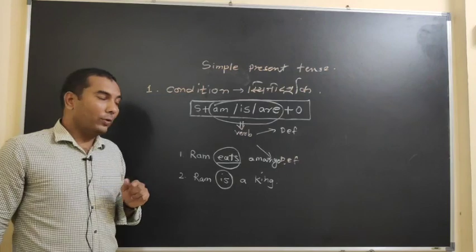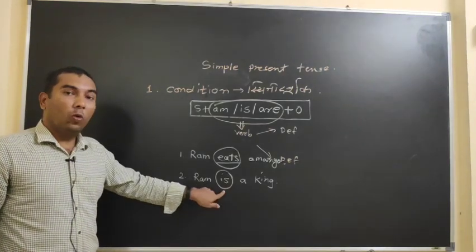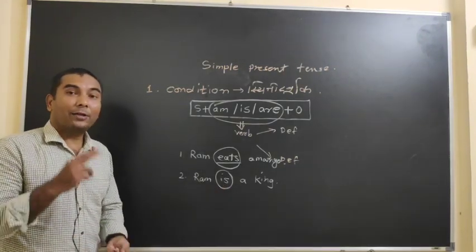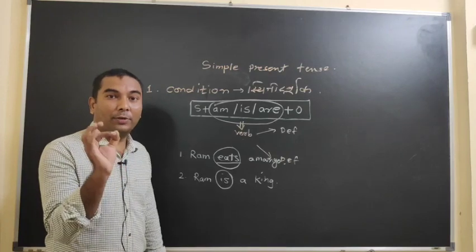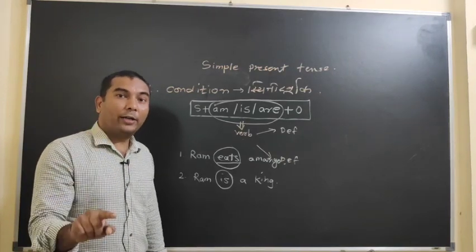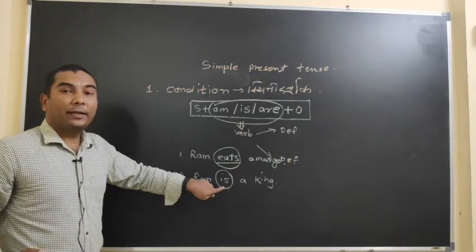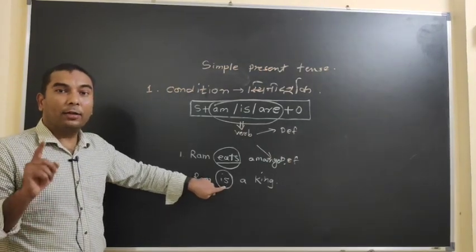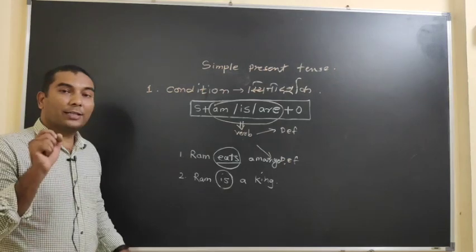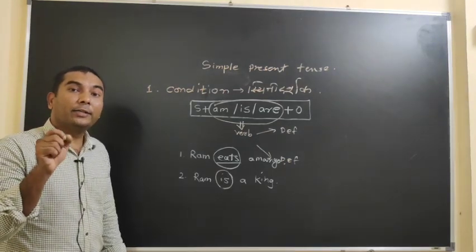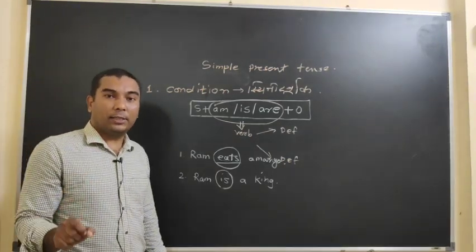But also we can call it a verb because there are two definitions of the verb that I have told. According to the second definition, this can be called a verb because it is what? It is completing the meaning of the sentence.